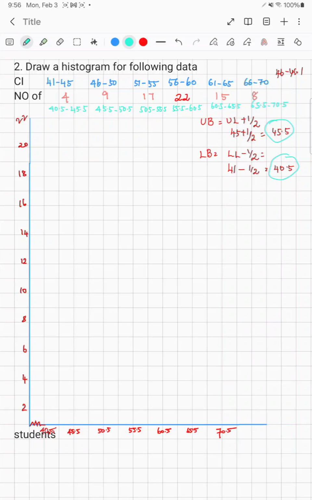And one more thing, here it does not start from 0, so in my graph I made a zigzag line at the beginning of the x-axis. This is the symbol for the zigzag line. Then I start from 40.5, I made an interval of 5, so 45.5, 50.5, and it goes until 70.5. This is your x-axis, then this is your y-axis.